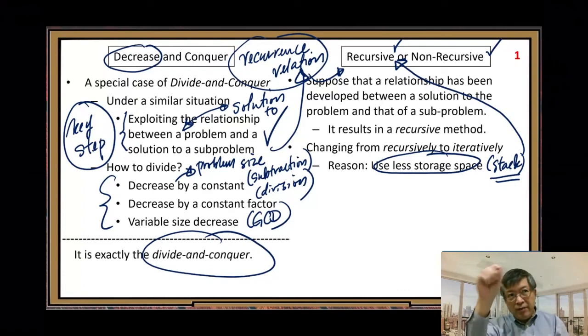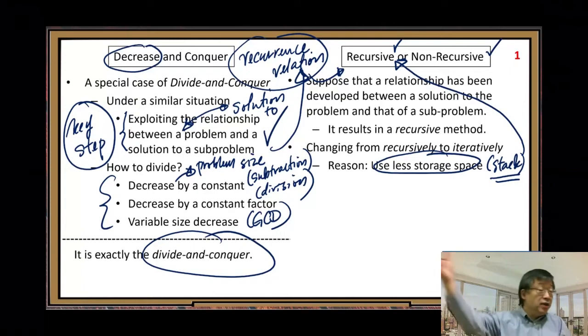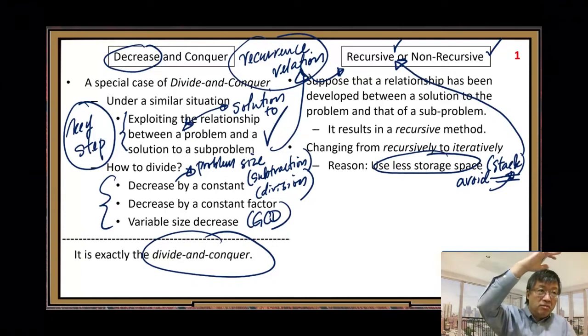I drew a diagram there to explain the background. Here we use that knowledge. So you can see, with the iterative way, we do not need a stack. We avoid using a stack. The stack can consume a lot of memory resource.